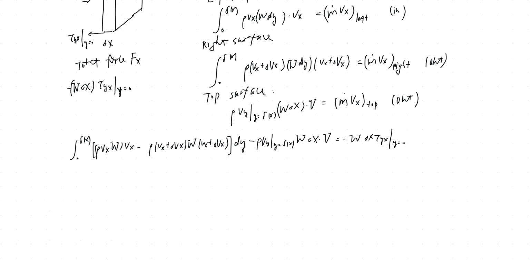So it will give you minus y tau yx evaluated at y equal to 0, equals b dx, integration over 0 to delta x of rho capital B minus Vx.